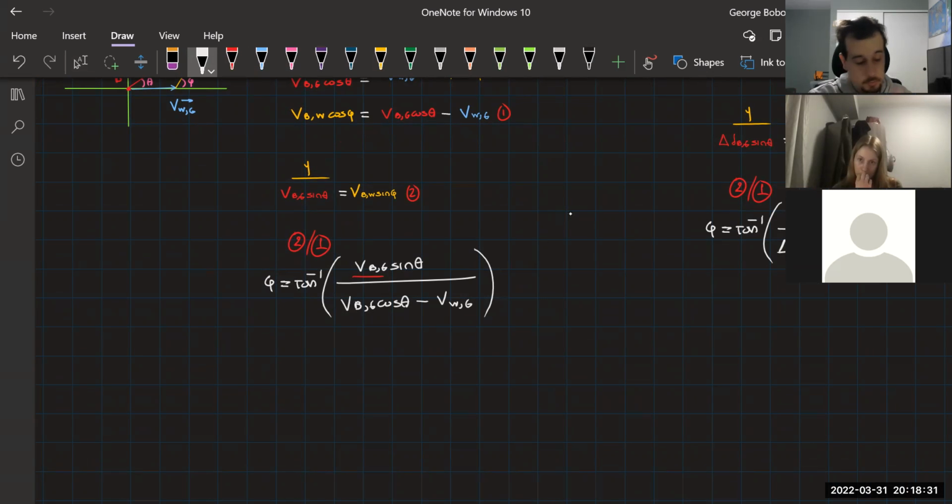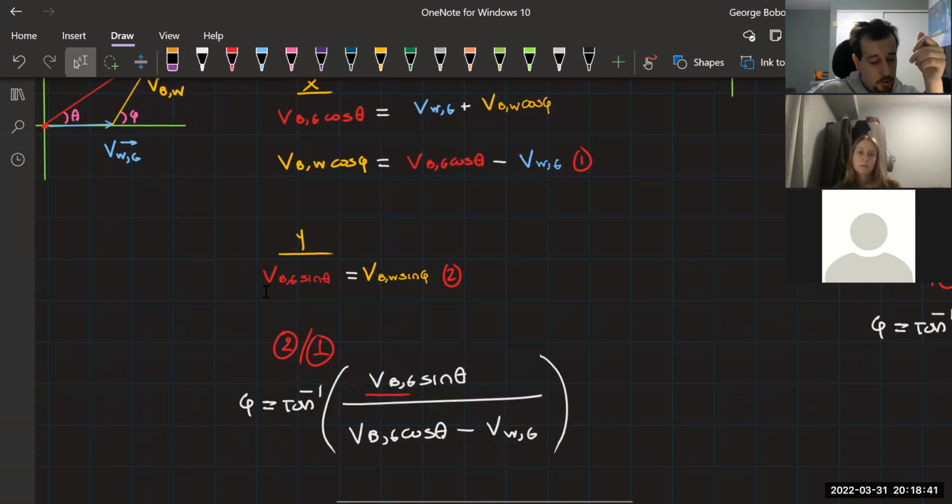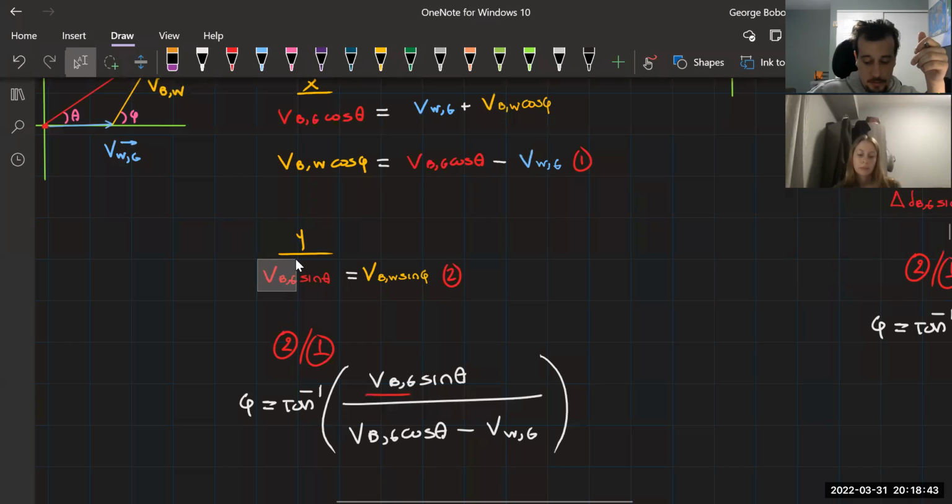I did not, obviously. Now, is there any way to cheat this? Is there any way that we could, let's say, figure out what this is if I know what this is? Well, don't we know VBW? We do. So is there a way to figure out what VBG is going to be here?